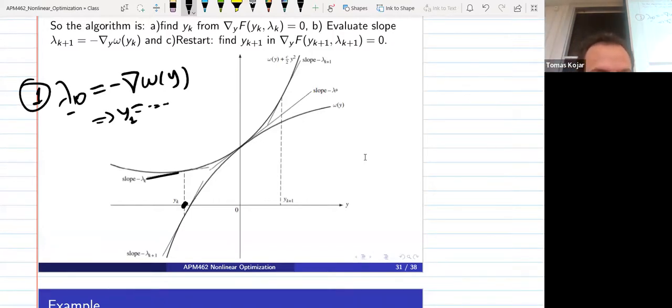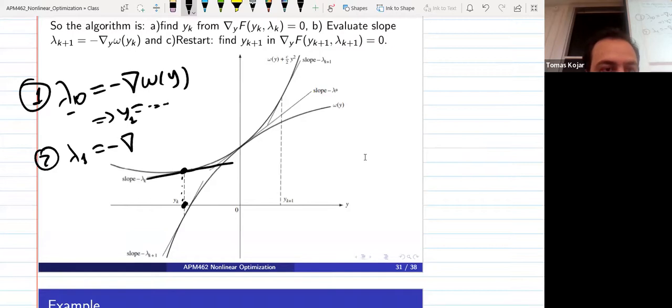So they have this slope, and they find y1. Then to find the second guy, you solve this system again. So you have lambda 1 equal to minus gradient of omega at y1. You solve it in reverse, and that gives you the slope, lambda 1. And then you continue.